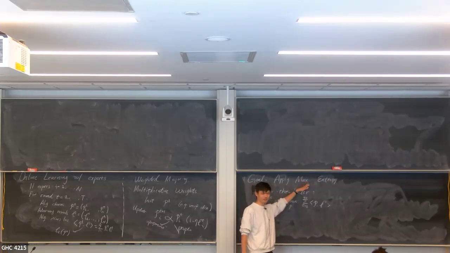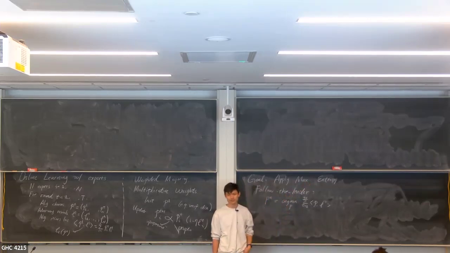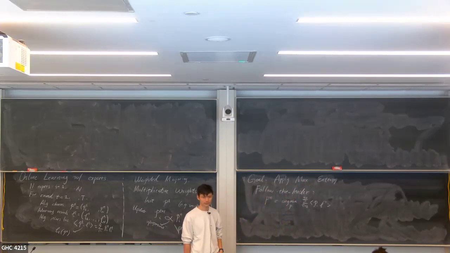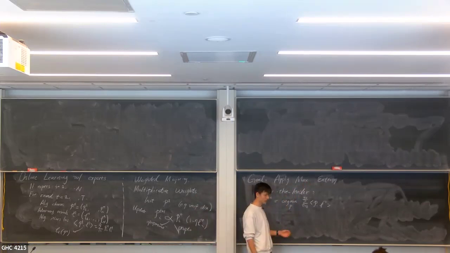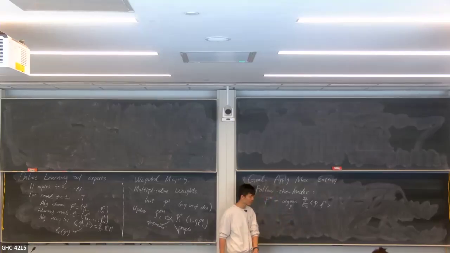Yes, I would like to apply max entropy, but before I tell you that, why would this not be a good idea? If any algorithm is deterministic, the adversary can accordingly assign the losses to all the experts. I see. So good. Let me repeat what you said. If my algorithm is deterministic, which will be the case because this is a linear objective, argmin will actually put all the probability on one expert.